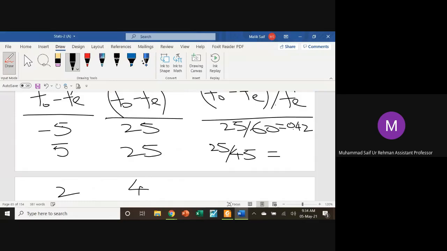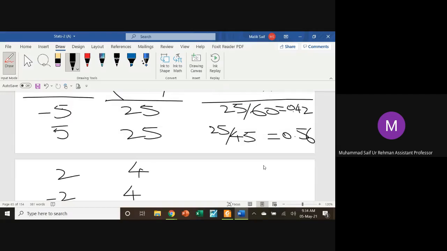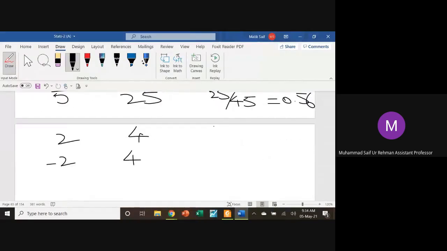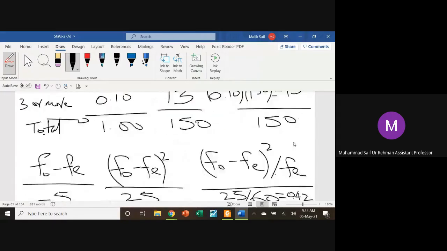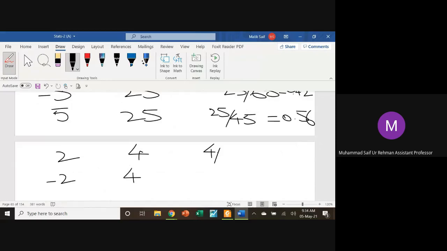What is the answer? 0.56 you may write down, as the answer is 0.555 and so on. So next, 4 divided by 30, 0.13.